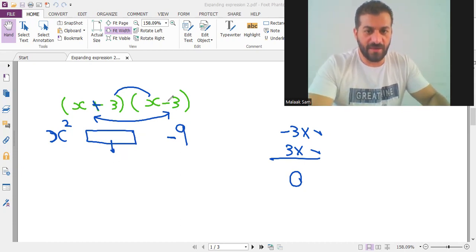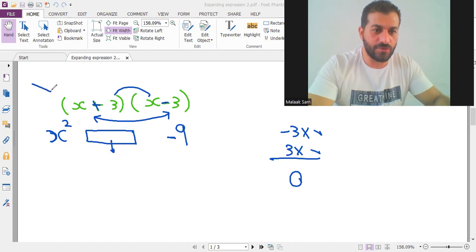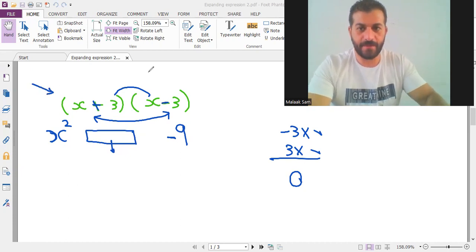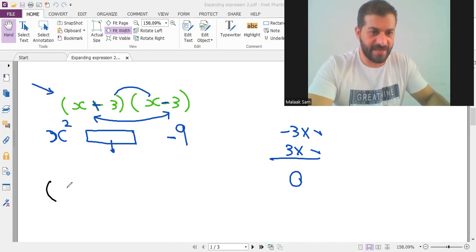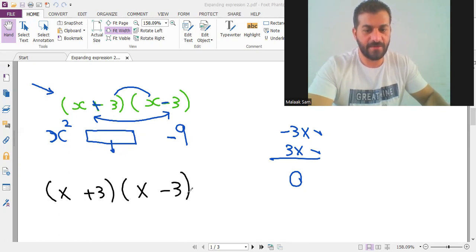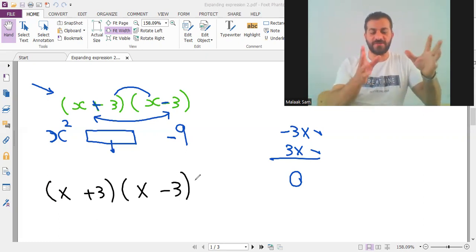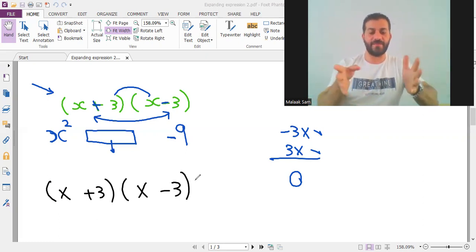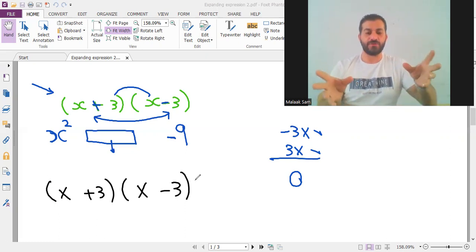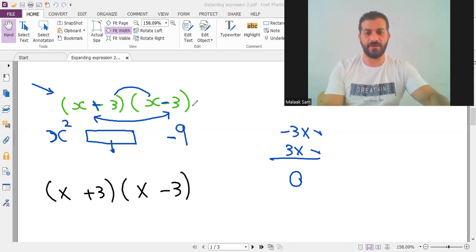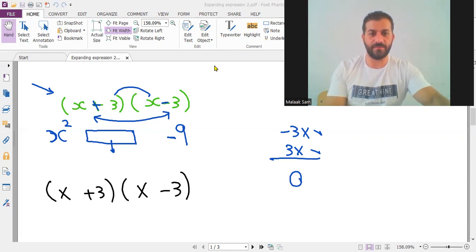So what is the idea? If we look at the question again, let's analyze it. It's x plus 3 multiplied by x minus 3. What do you observe? We observe that the first bracket is the same as the second bracket, but they are different in the sign between them, plus and minus.